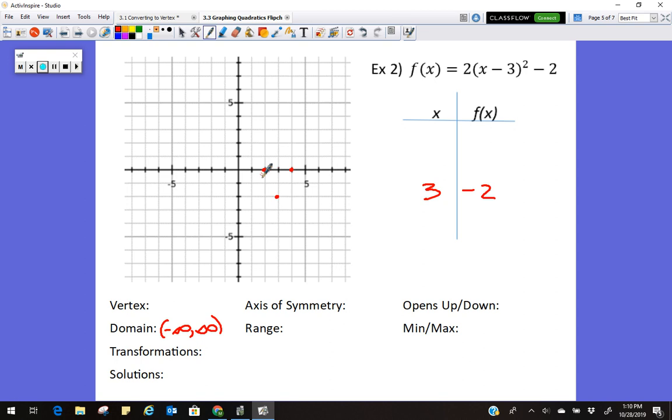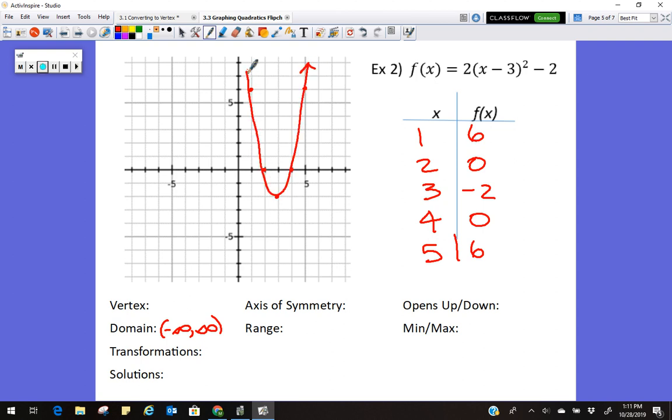Instead of over 1 and up 1 like you do in the parent function, since this is multiplied by 2, you would go up 2. Then from there, instead of going up 3, you go up 6. So we're at (5, 6), and that would put us at (1, 6). Again, you can just put it in the calculator and figure that out if you'd like.